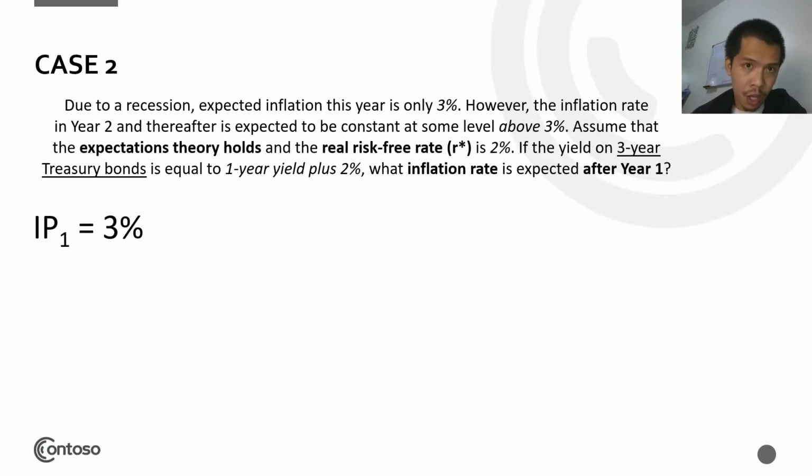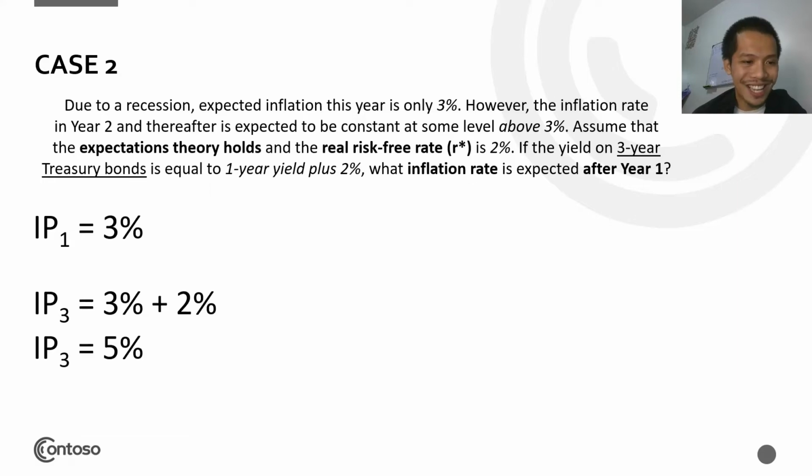Now, in arriving at the inflation premium for a security maturing 3 years from now, we start with the 1-year yield, then add 2%. We have to remove the real risk-free rate. So the inflation premium for a 3-year security would be 2% above the 3% inflation this year, considering that the 1-year inflation is already given. Inflation premium for 3 years is 5%.